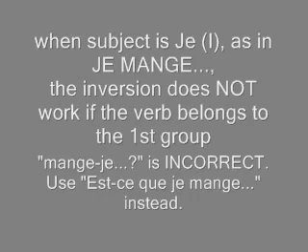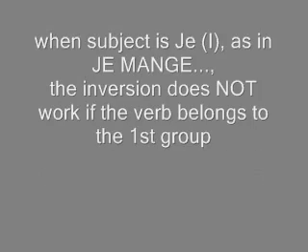And this is only for verbs that end in ER and whose subject is je. Manger is a verb of the first group ending in ER. You shouldn't say mange-je to ask a question. Nope, that's not French. Say est-ce que je mange? And this is for the je subject only.